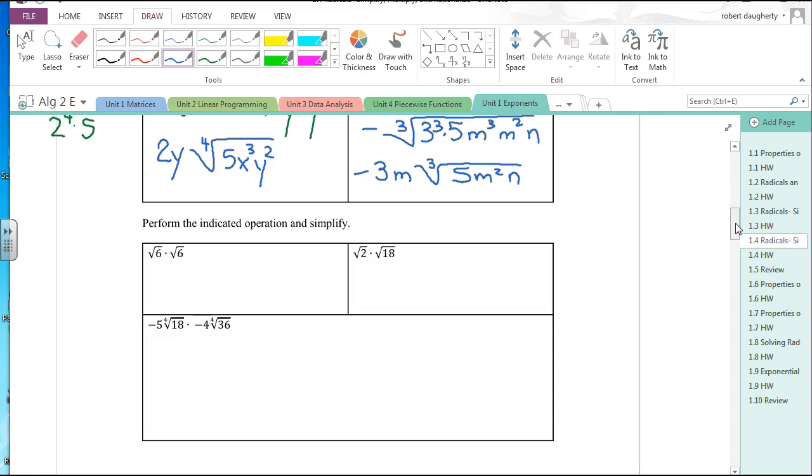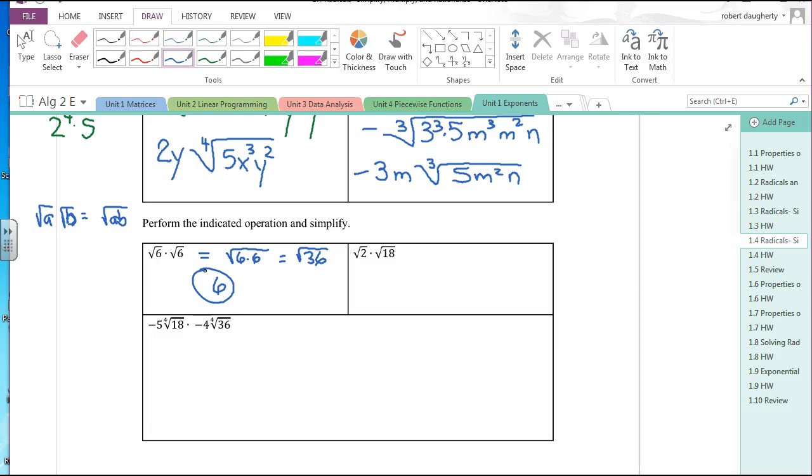But you can write this. This is, according to our product property, the square root of A times the square root of B is the square root of AB. You can multiply them. So this is the square root of 6 times 6. That's the square root of 36, and we know that to be 6, okay? That was pretty easy, okay?